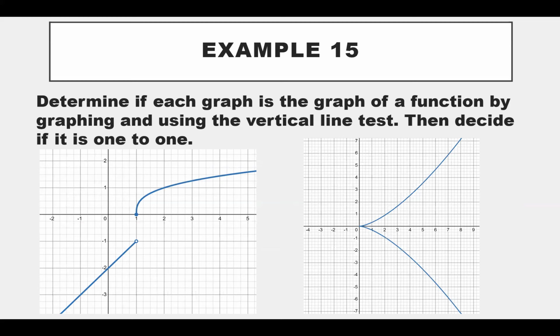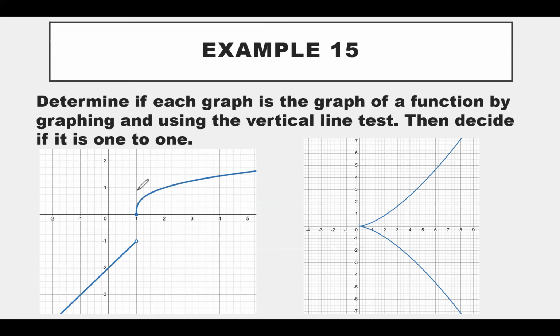Let's take a look at another pair of examples. Let's start with the one on the left. If I look at this graph on the left, every time you draw a vertical line, it crosses through at one spot.